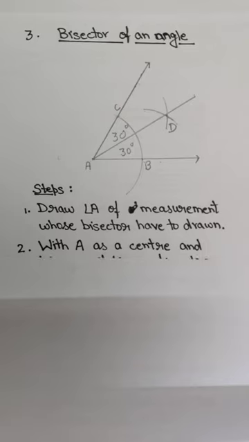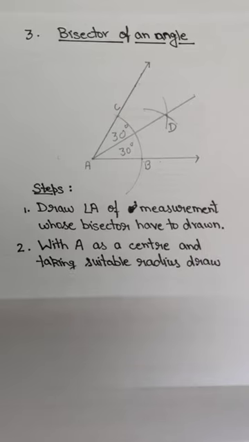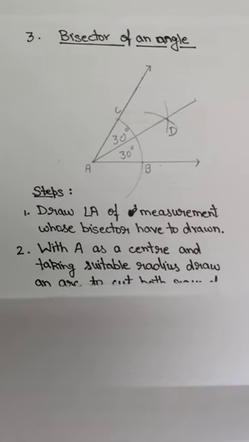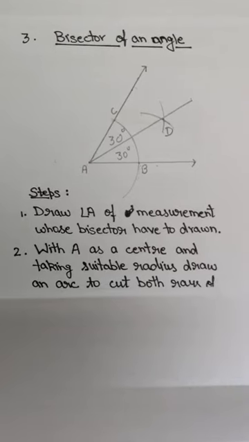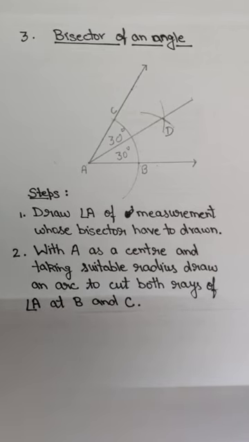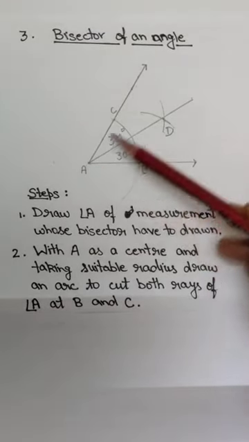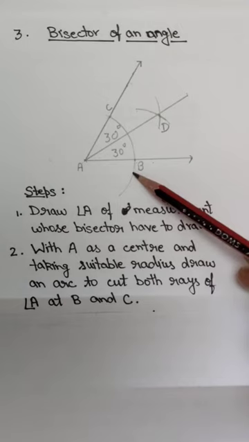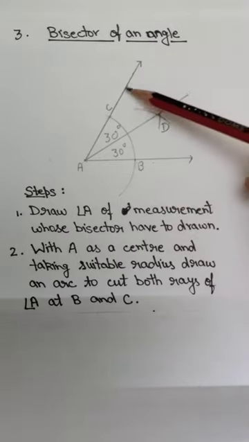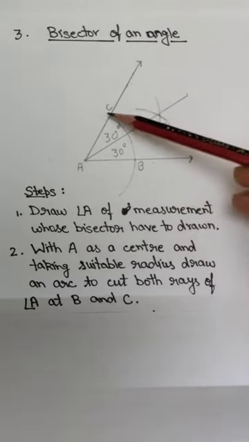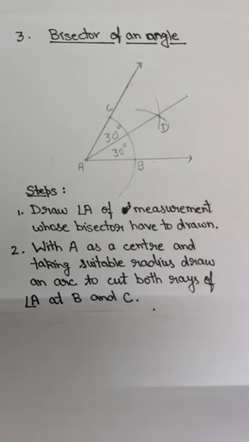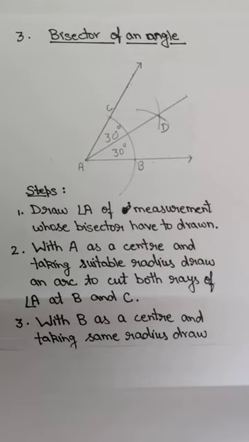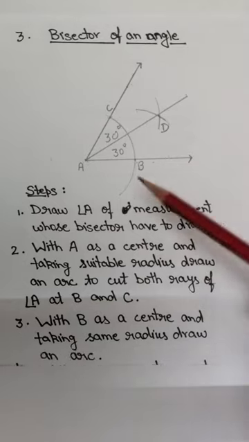With A as a center and taking suitable radius, draw an arc to cut both rays of angle A at B and C. With B as a center and taking same radius, draw an arc.